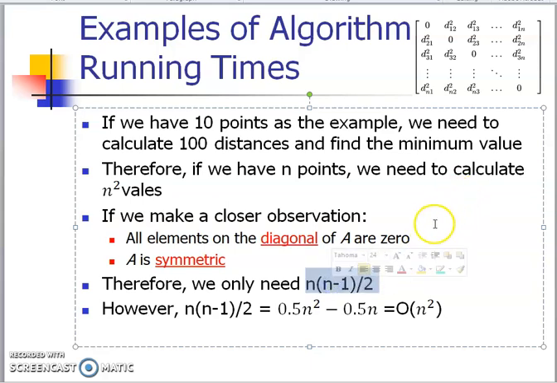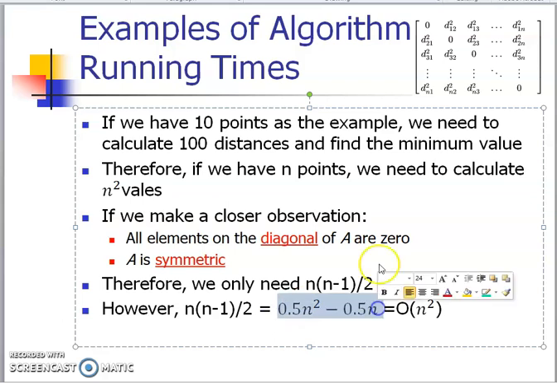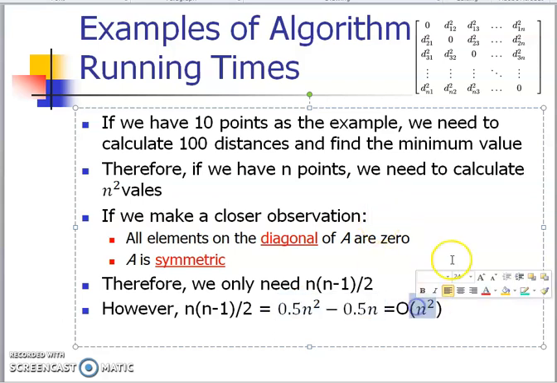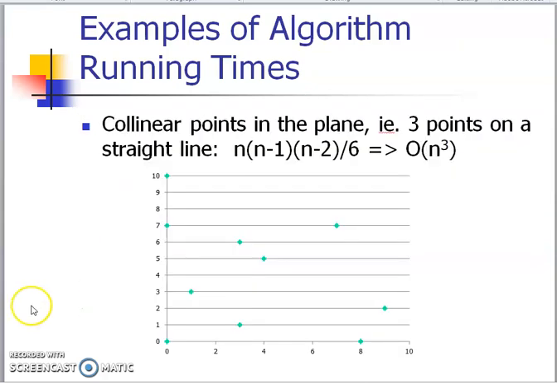However, remember when we are looking into the BigO analysis, this value equals half of n squared minus half of n, and after the BigO notation, n squared again is what we care about. Therefore, this is what we are talking about, the BigO analysis. At a certain point, as a computer scientist, I'm more interested in this compared with the mathematicians.